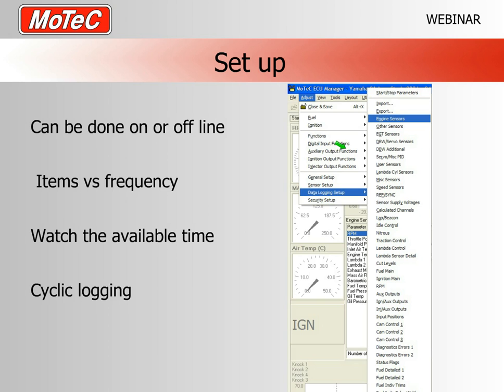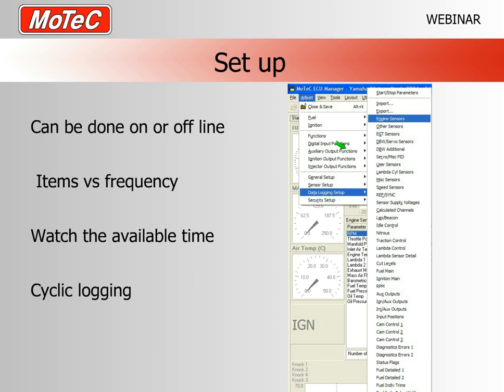The ECU has a preset amount of memory. For the M400 customers, that is 0.5 megabyte, and M800 customers, that's 1 megabyte. And if you're an M880 customer, you can get a 4 meg upgrade.